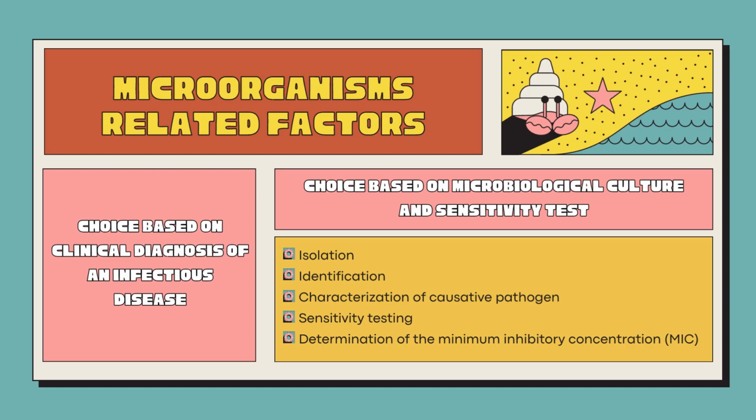Meanwhile, in the choice based on microbial culture or sensitivity test, it is neither possible to guess the type of infecting pathogen nor its sensitivity, which includes osteomyelitis, meningitis, urinary tract infection, wound infection, bronchopneumonia, and more.